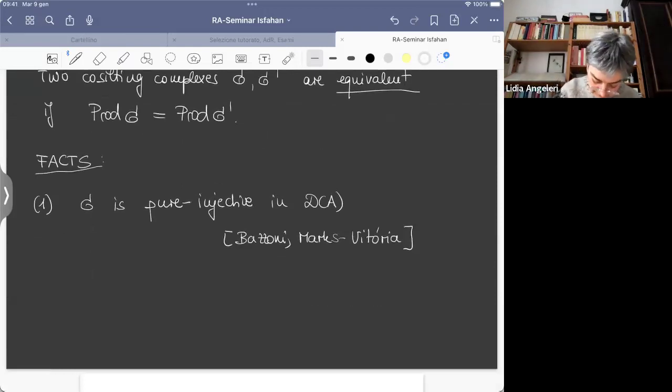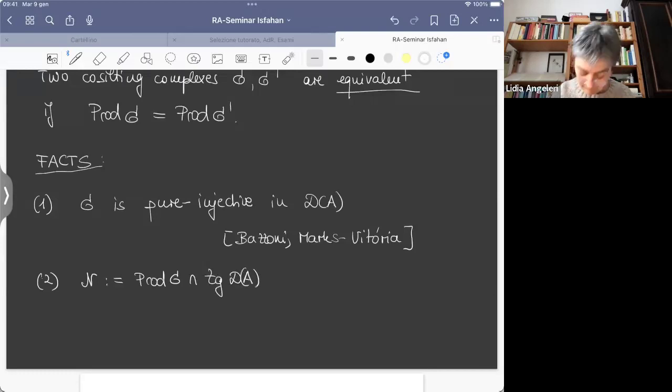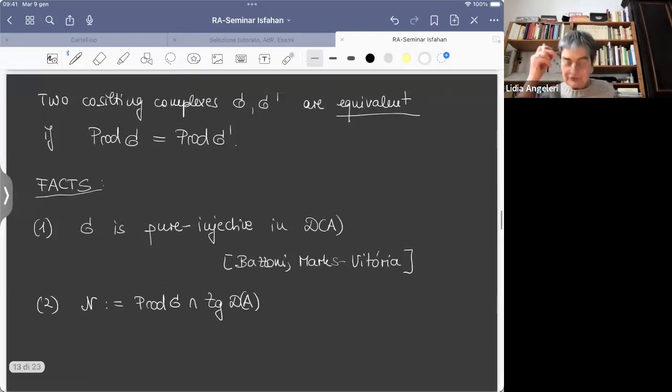And then now we can look at the following set. We take the product closure of sigma and look at the indecomposable pure injectives in the derived category. Of course, all objects of prod sigma are pure injective. So what I'm doing here is taking the indecomposable objects in prod sigma. And this turns out to be a closed set in the Ziegler spectrum.